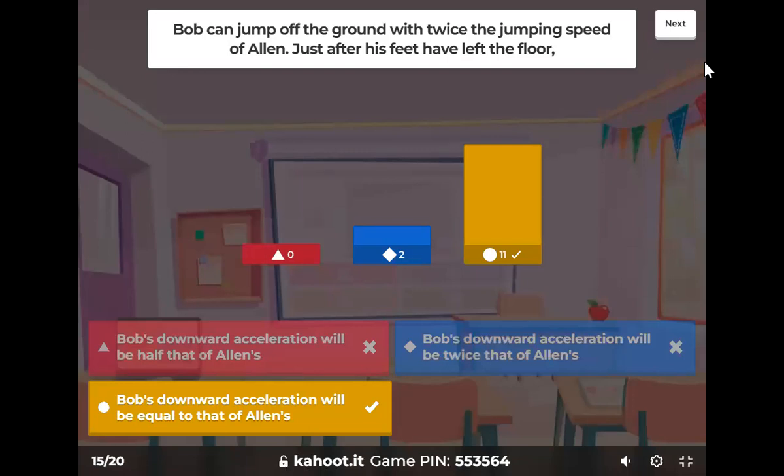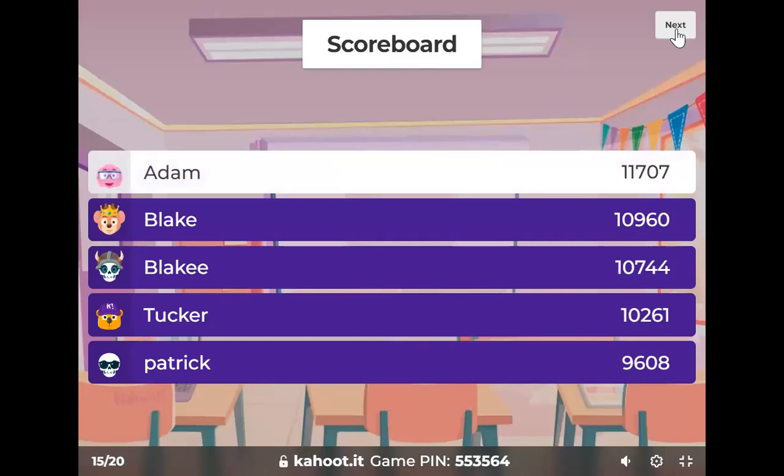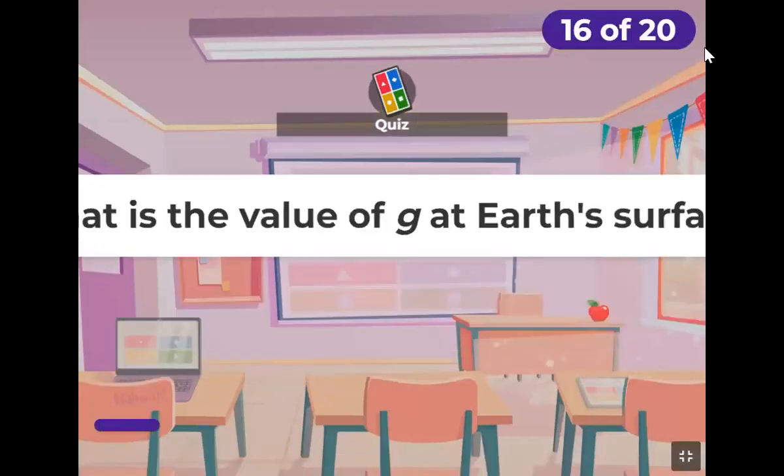Guys, if you're not grounded on the floor, if you're flying through the air, jumping up, jumping down, jumping to the side, if you're in free fall, if you're heavy, if you're light, doesn't matter. Everybody has the same downward acceleration of 10 meters per second squared. No matter how fast, doesn't matter which direction. If you're in free fall, all right.